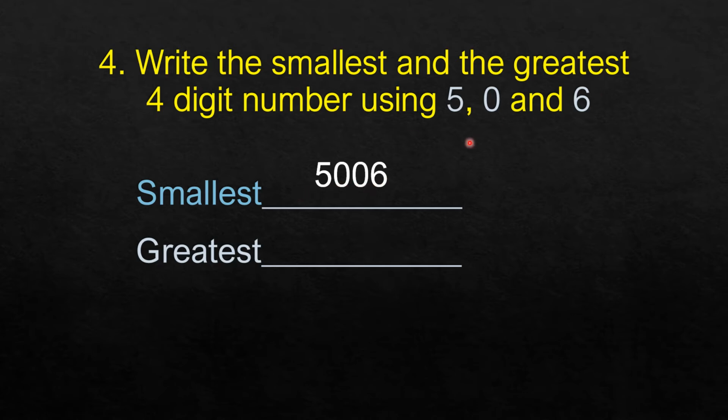So, since 0 is the smallest among these three, we repeat 0 here. Now, 5006 is the smallest four-digit number using 5, 0 and 6. Now, what will be the greatest four-digit number using these three? Yes, 6 will be repeated. 6650.